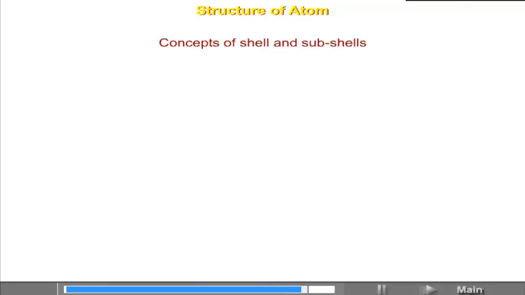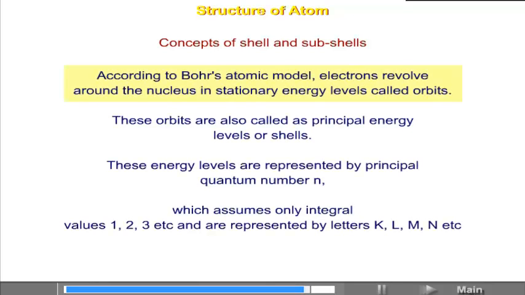Concepts of shell and subshells. According to Bohr's atomic model, electrons revolve around the nucleus in stationary energy levels called orbits. These orbits are also called principal energy levels or shells.